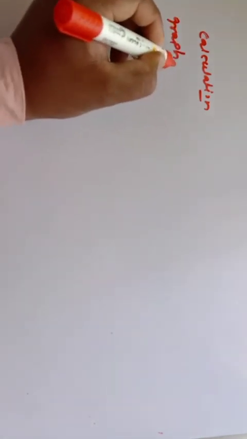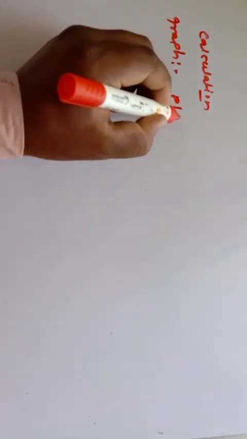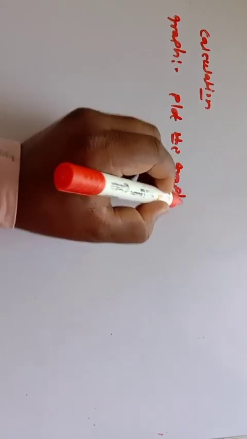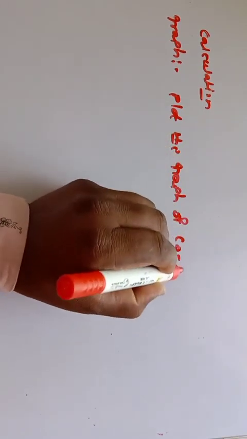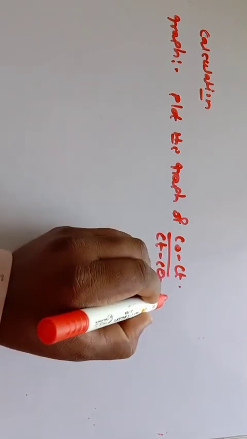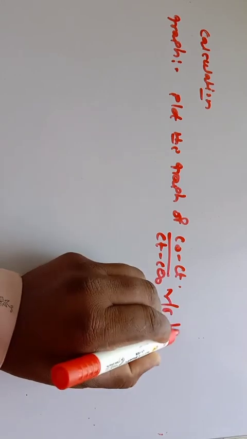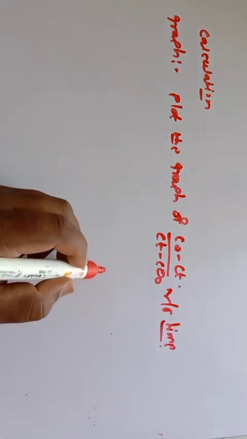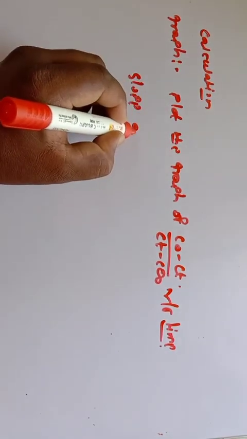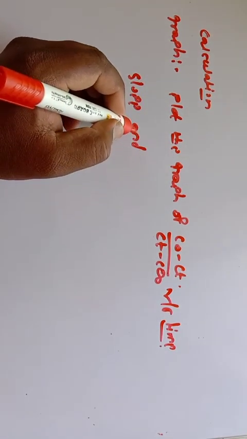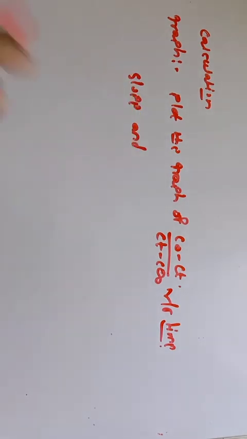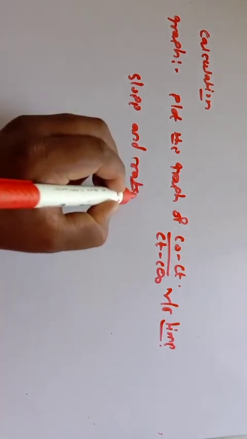You have to plot the graph of C0 minus Ct upon Ct minus C infinity versus time, and then you have to find the slope. After that you have to find the rate constant.